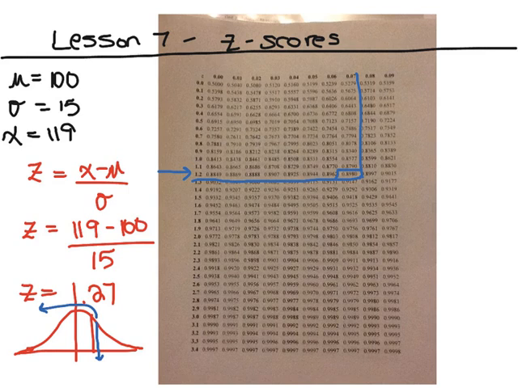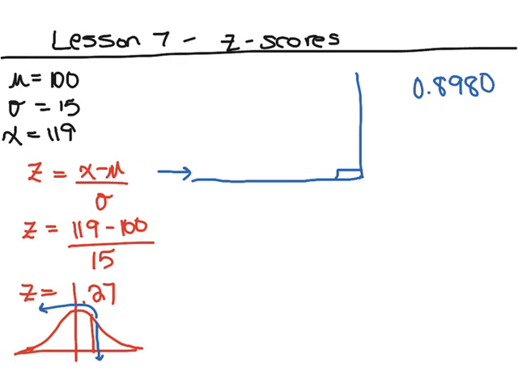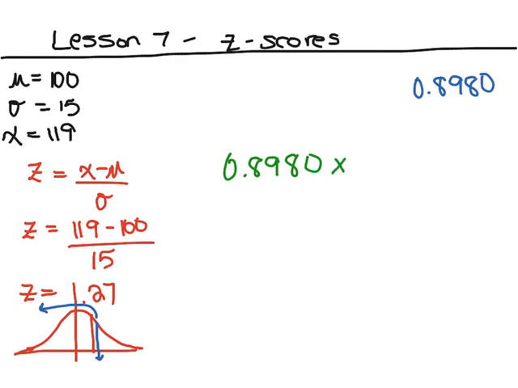So the value is 0.8980. I'm just going to delete the chart so we can see. If you multiply that by 100, you get 89.80, and that's a percent. That's everything to the left of the data.